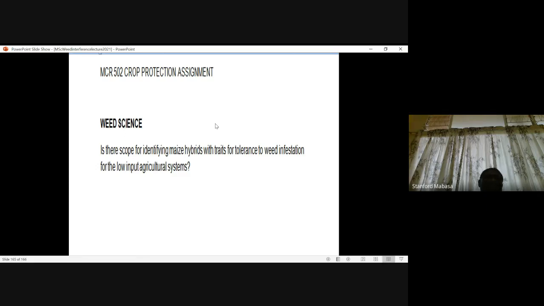Unless we do these kinds of studies, then we'll be in a position maybe to get to know some useful varieties which may be recommended maybe to low input agricultural systems.